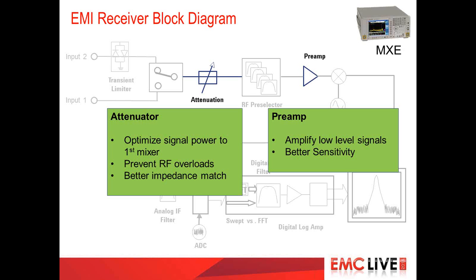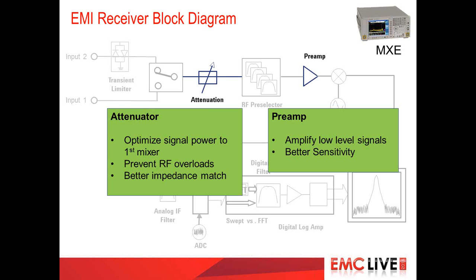And if we get an RF overload, if all of a sudden our mixer has gone into gain compression, that can cause the EMI signals' amplitude to appear lower than they actually are. That could potentially cause a device to pass when it actually should fail. And so we don't want bad devices to slip through our test.